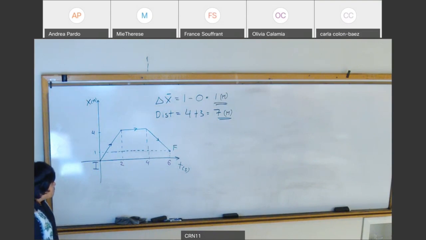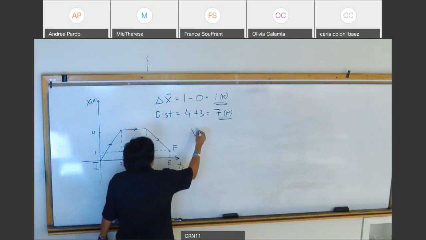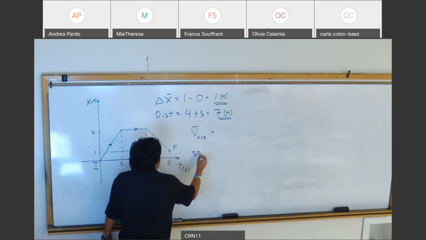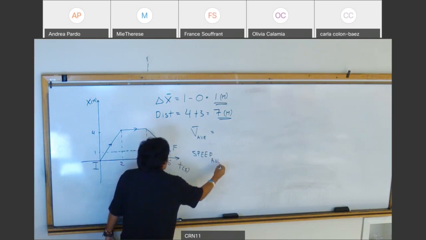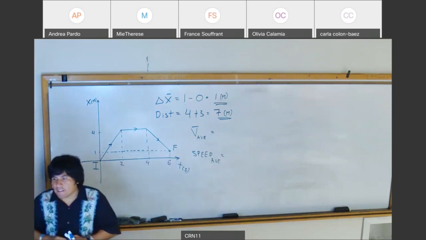Now, I ask, what's the average velocity and what's the average speed? Looking at the information that you have already there. Anyone?